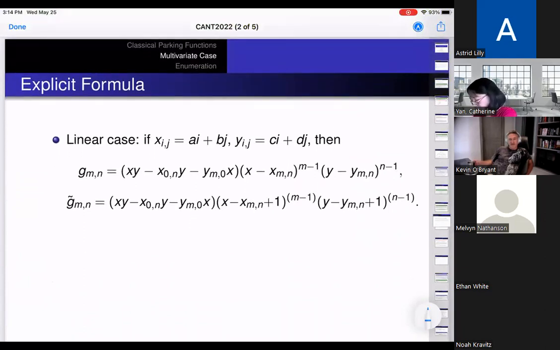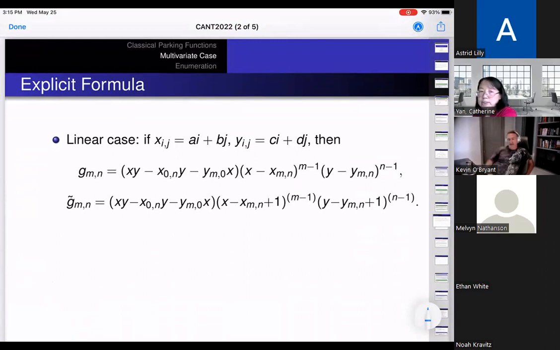Exact formulas for those polynomials are pretty messy. It's a little hard to compute, especially when m and n get larger in the general case. But I want to present a special case, namely the linear case, where the nodes have coordinates x_ij, y_ij, both of them linear functions of the coordinates i and j.